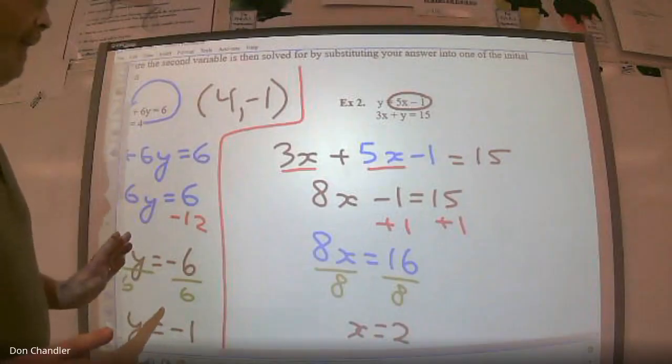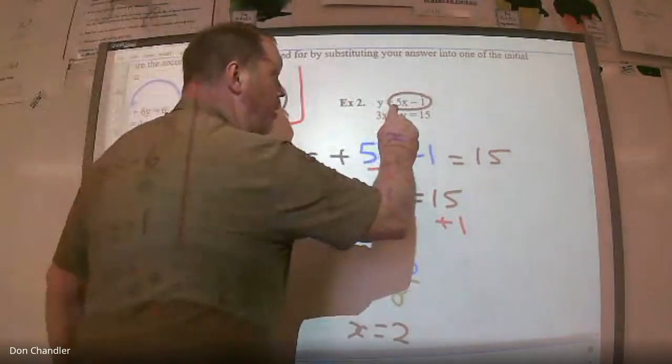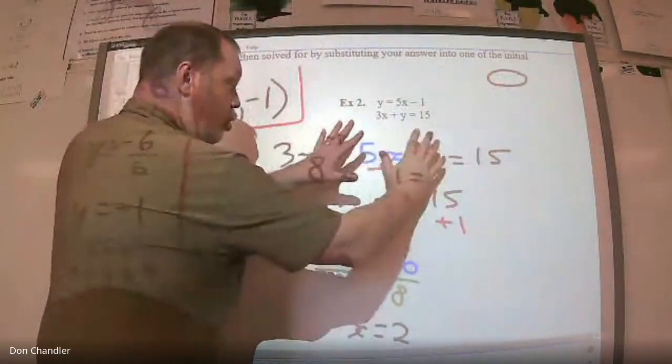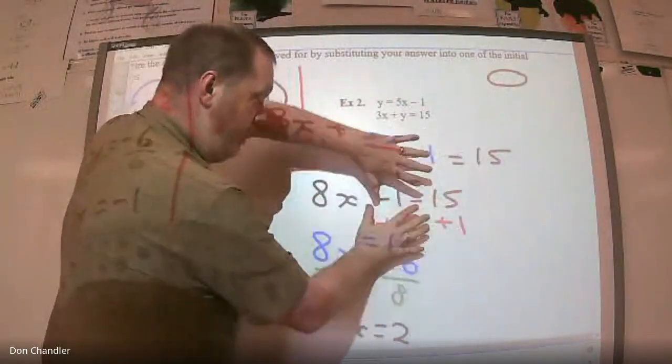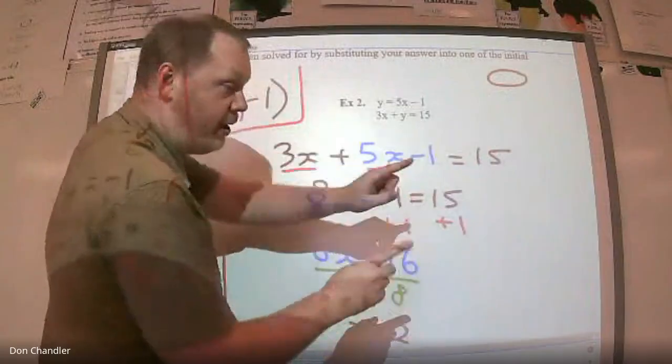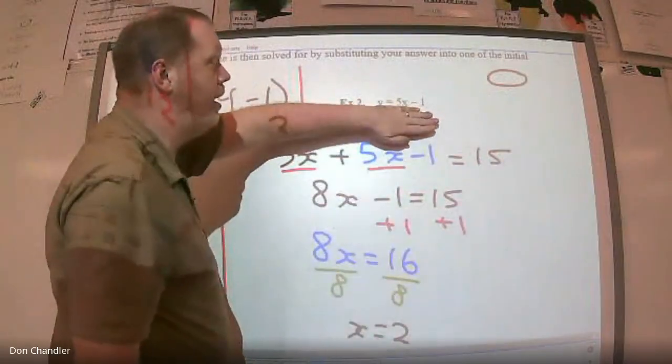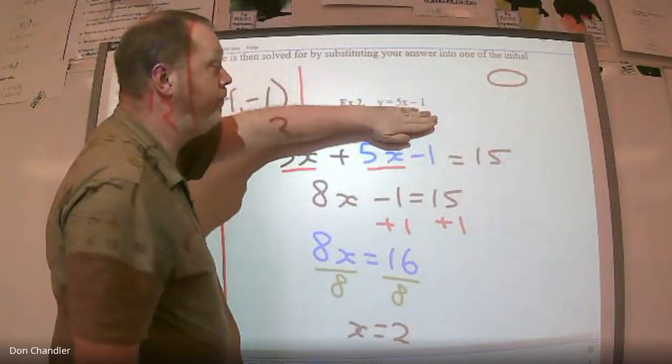If we were going to graph this, 2 would be in place of x, but what would we put for y? No. Okay, if you were going to graph this, you wouldn't even do this work. It's not here if you're graphing this. There's your y1.